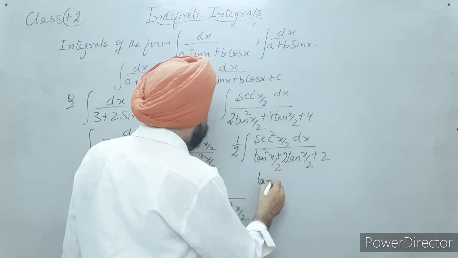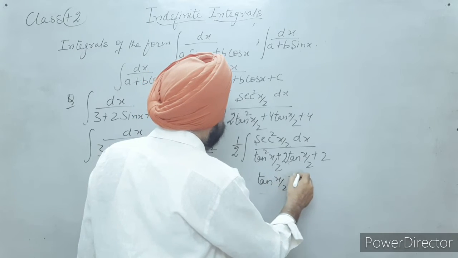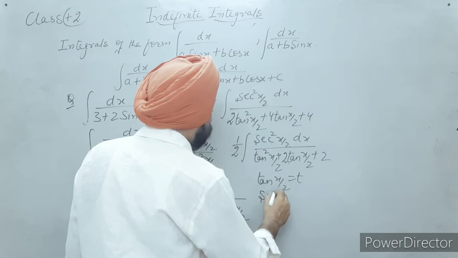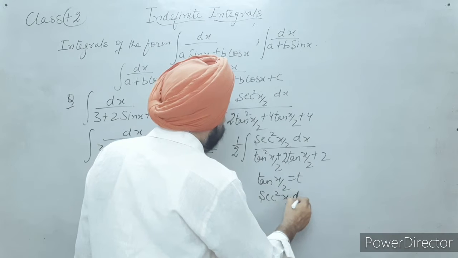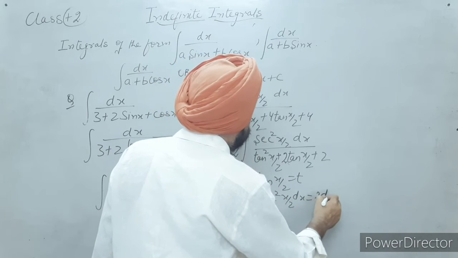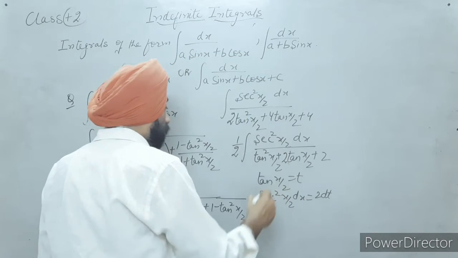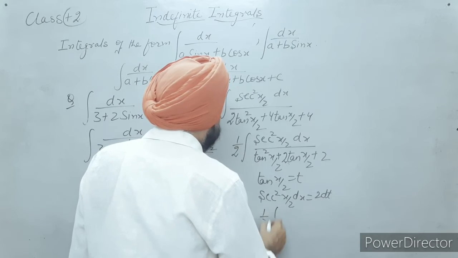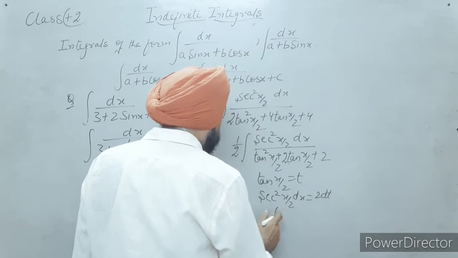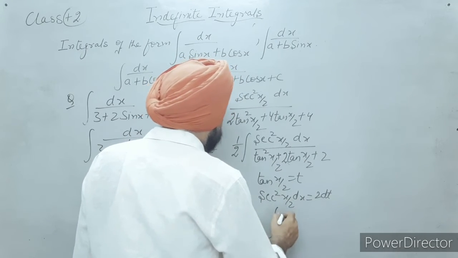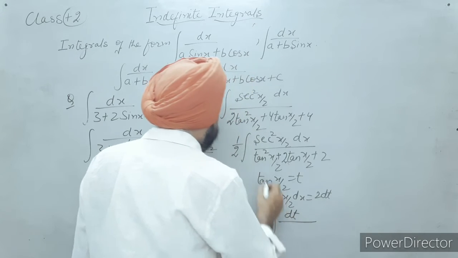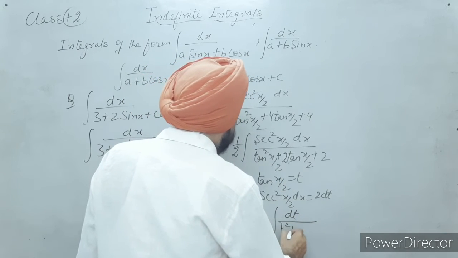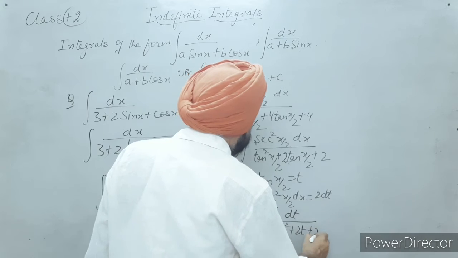Put tan x by 2 equals t, so that secant square x by 2 dx is 2 dt. The question becomes half of 2 dt, 2 with 2 goes, only dt upon t square plus 2t plus 2.